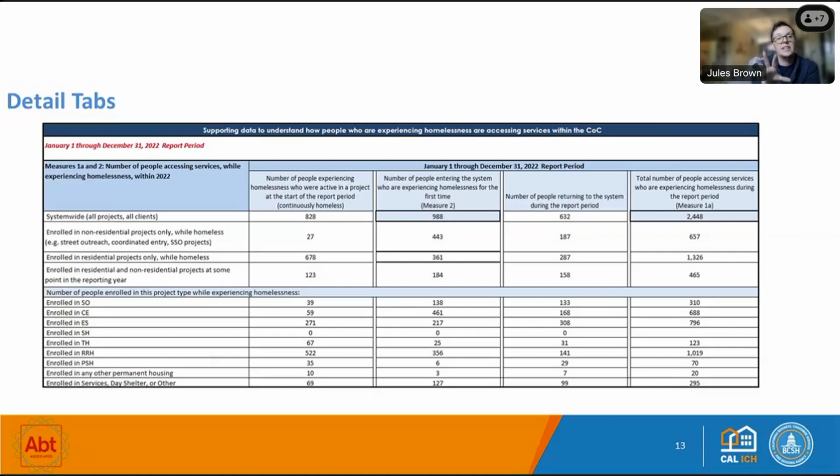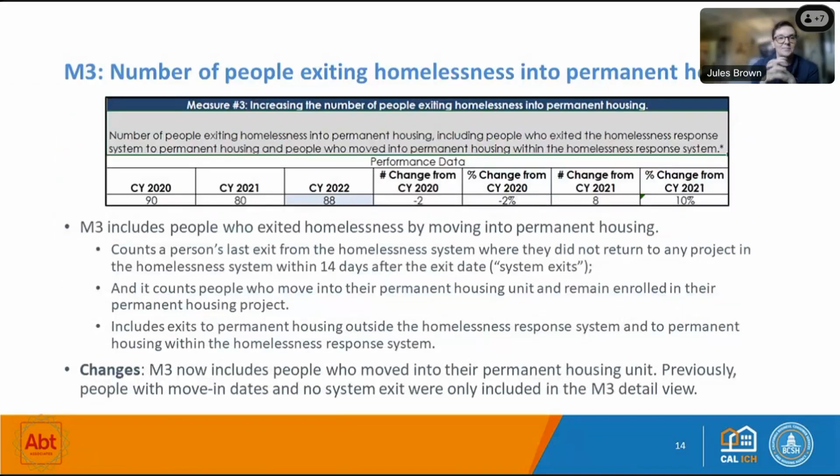So that's what you'll see in that breakout for measures 1 and 2, and that can help you understand, of those folks who are experiencing homelessness in your system, where are they being seen? All right, and now we'll shift over to Melissa again to talk about exits.